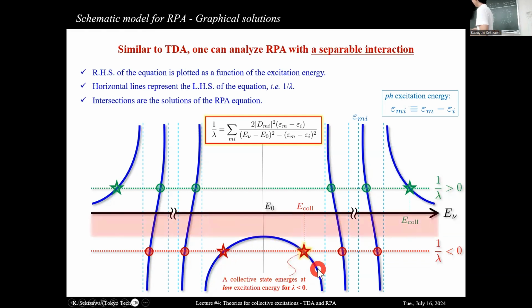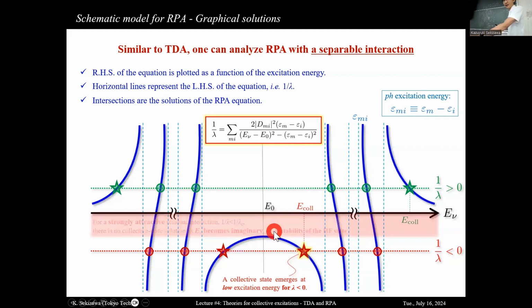It indicates that there is some region where we do not have a cross point of the collective states. When the interaction is negatively large, so 1 over lambda is negative and small, lambda is larger and larger, then you will have a region where you miss the collective states.